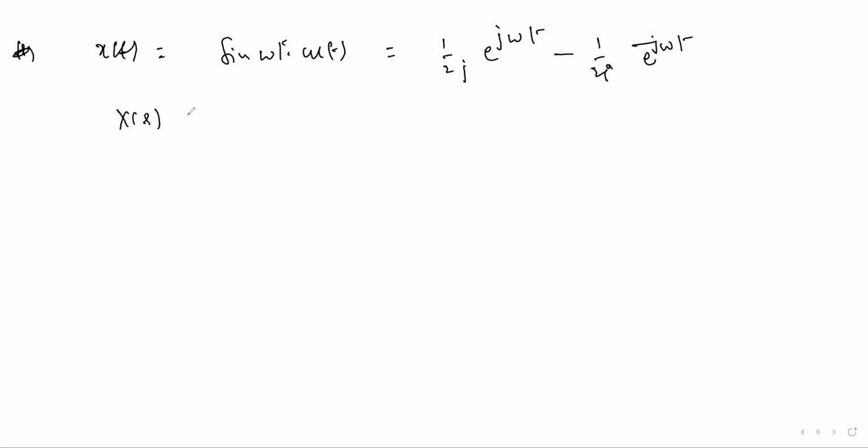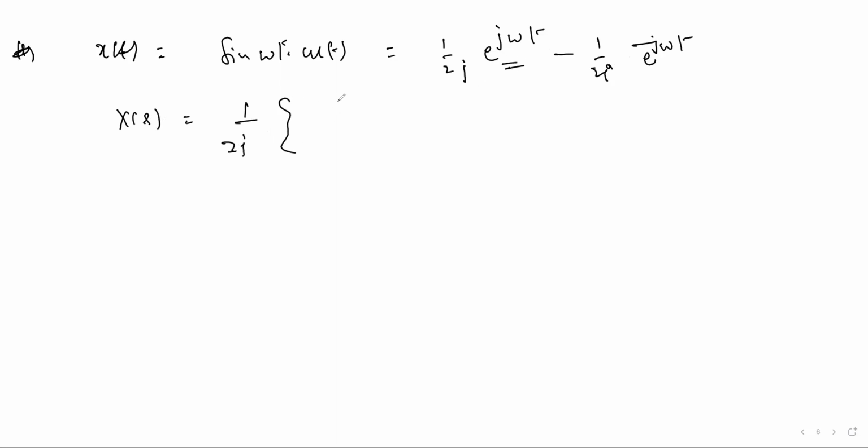If x of t is sin omega t u of t, which is nothing but 1 by 2j times e to the power of j omega t minus e to the power of minus j omega t. Let us find the Laplace transform on both sides. X of s is 1 by 2j outside.